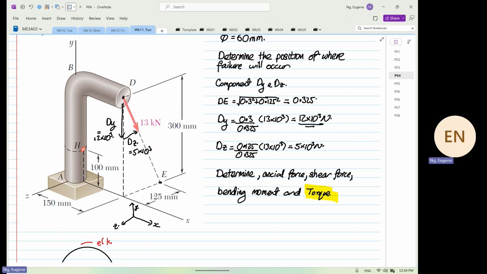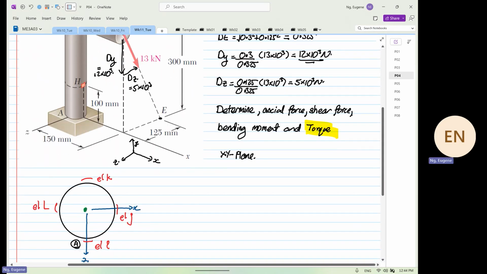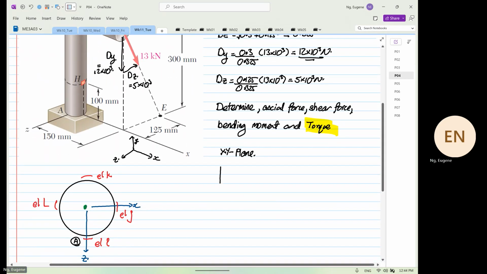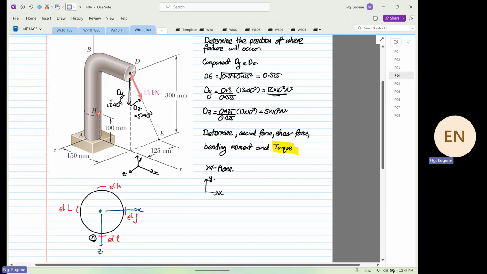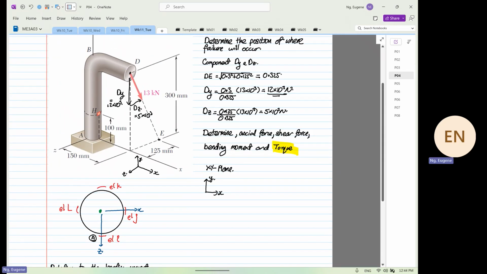From here, we are going to view this in the XY plane. So now we are going to sketch the XY plane. This is our X, and this is our Y. If I zoom out a bit, this is the sketch and this is how it looks.